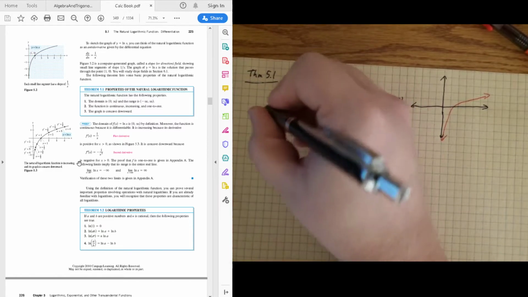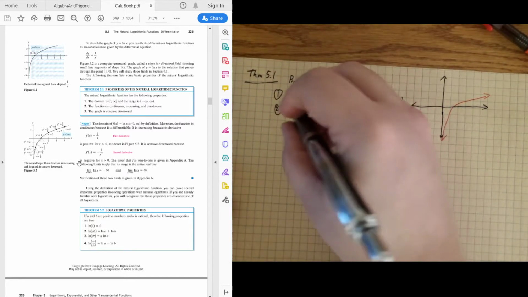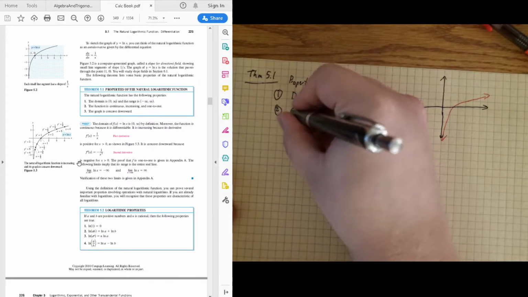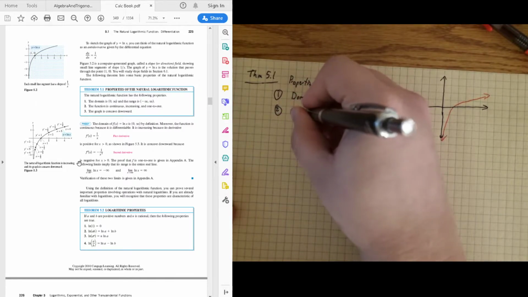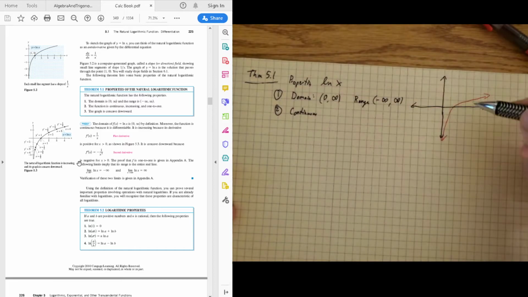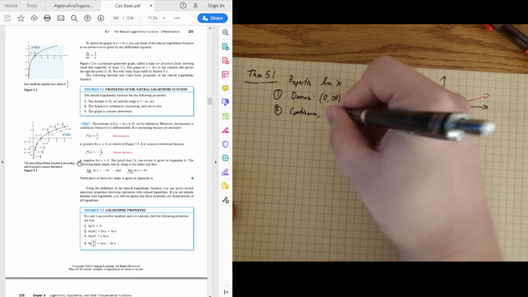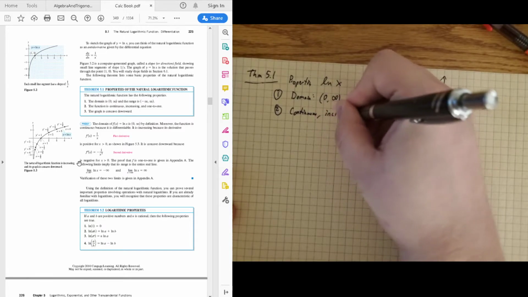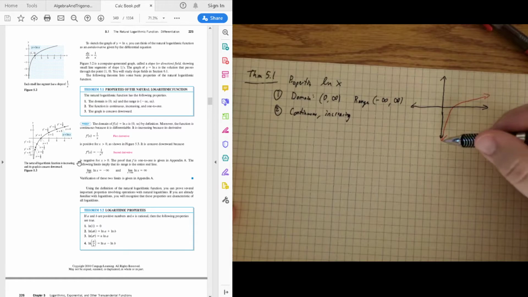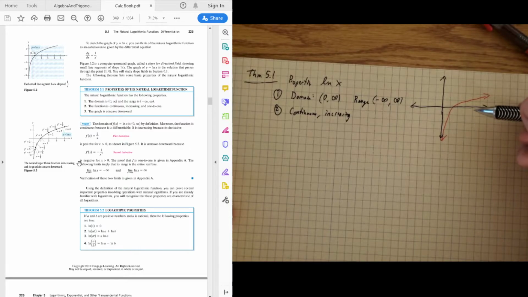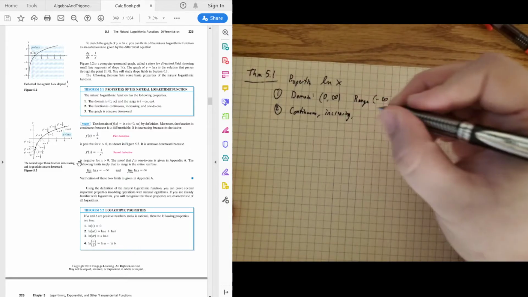Property number 2, which is a fun one. It is a continuous function in this domain. So you notice there's no asymptotes, there's no holes listed in this function. It is always increasing. Meaning that if I pick a number to the left and then pick a number to the right, one will always be slightly bigger. Sometimes a lot bigger. But that's, remember, the definition of increasing.